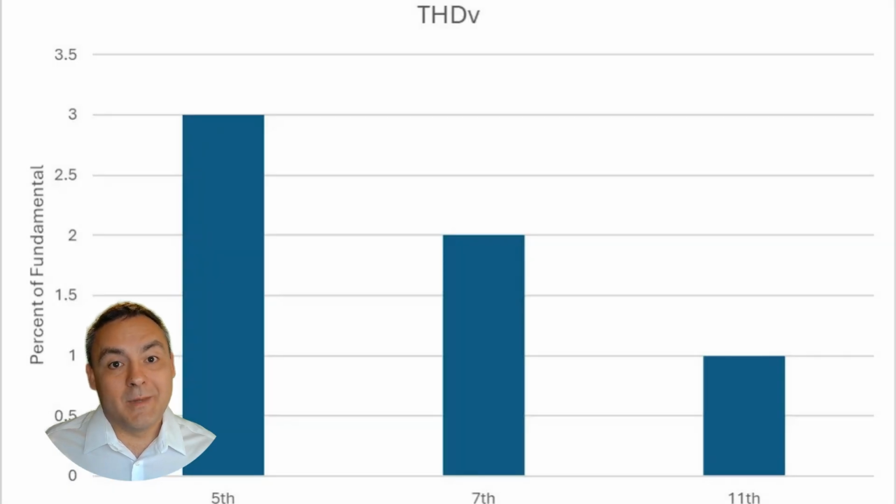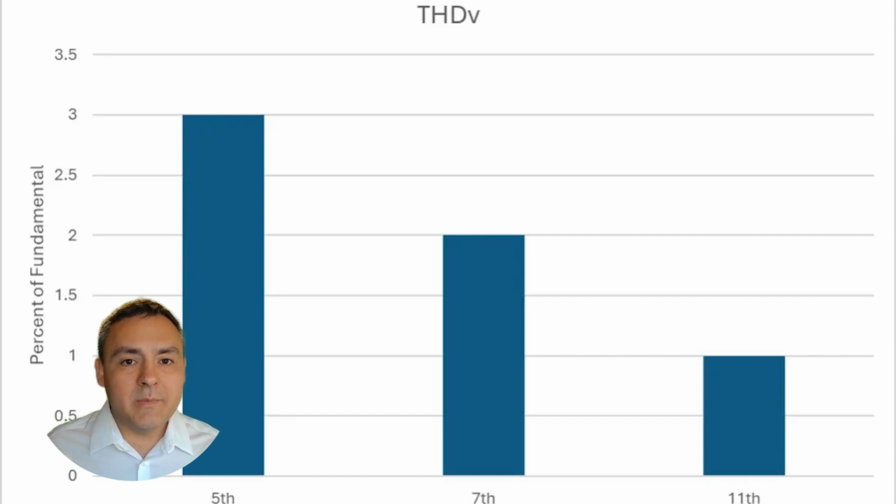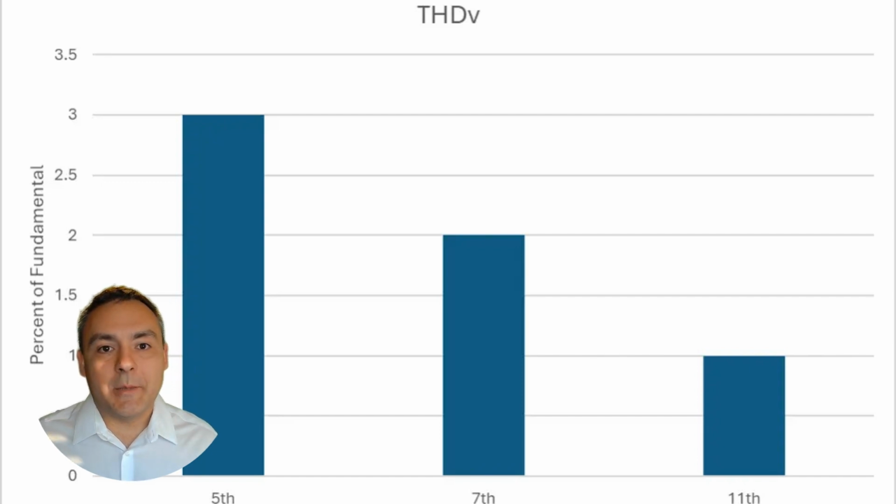Please look up fast Fourier transform, often called FFT, if you're interested. Our example had 3% on the fifth harmonic, 2% on the seventh harmonic, and 1% on the 11th harmonic. The way we like to view it is like this plot. This makes it so much easier for us to see.